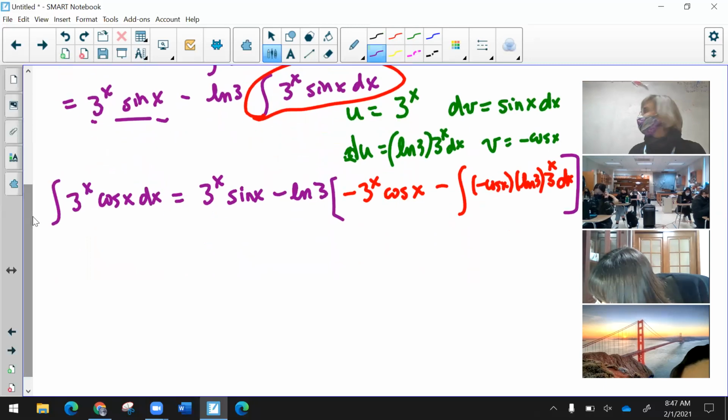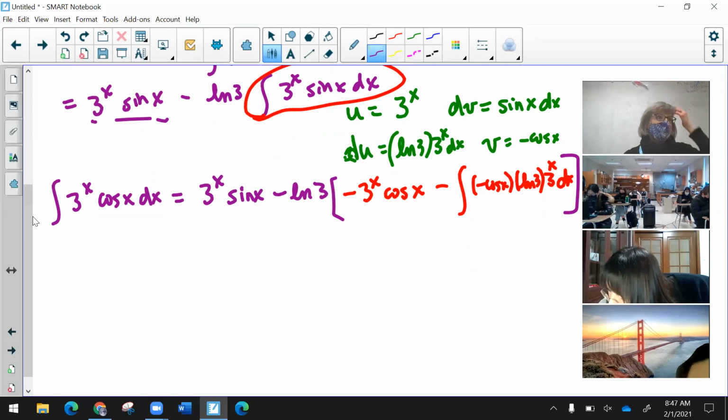I'm going to start by distributing this negative natural log 3.